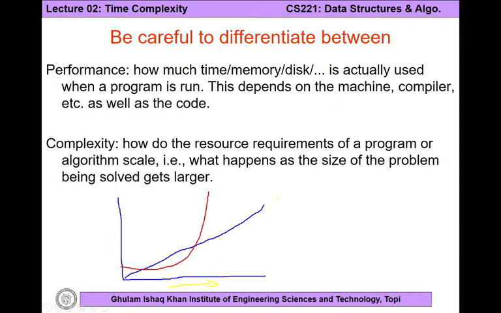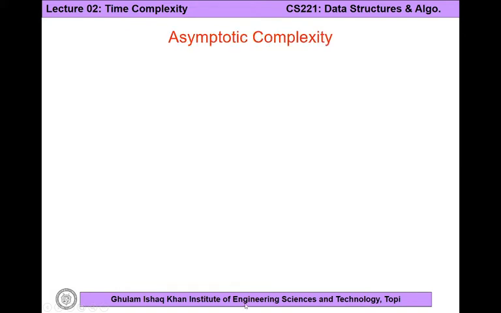So it means that whatever algorithm the blue line is representing, it is more scalable, right? So complexity refers to the scalability of an algorithm.